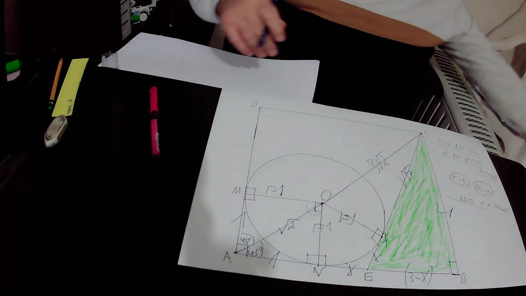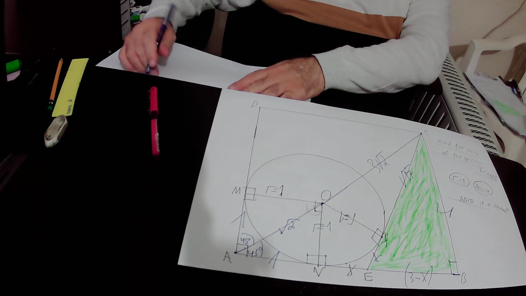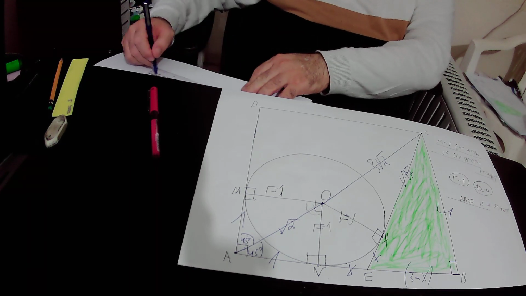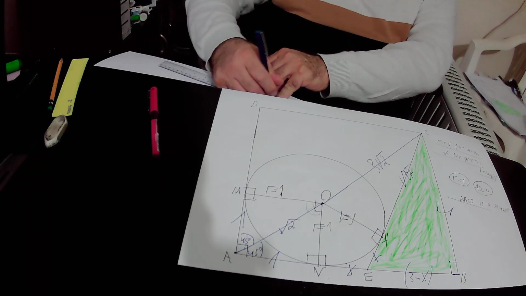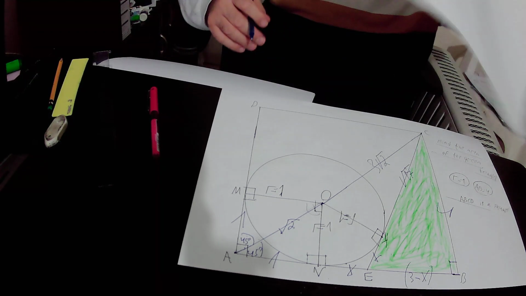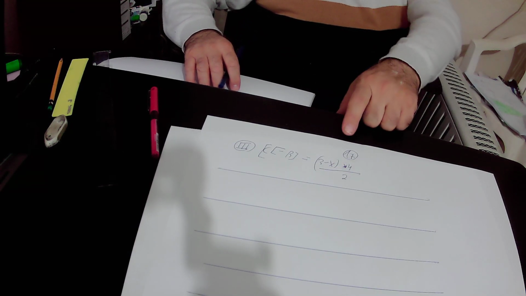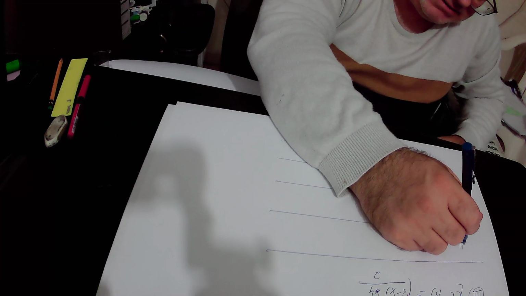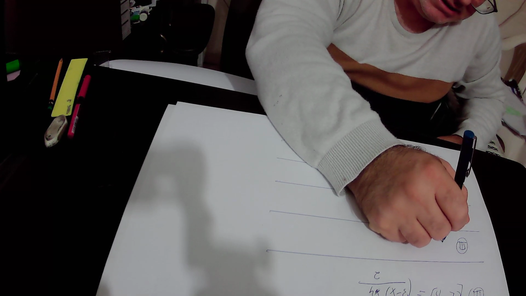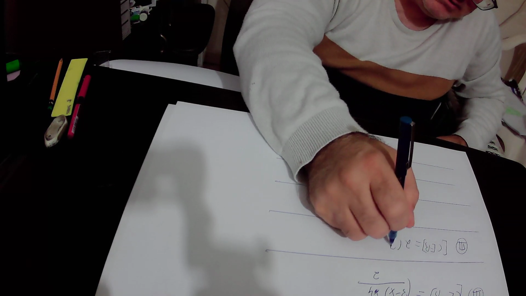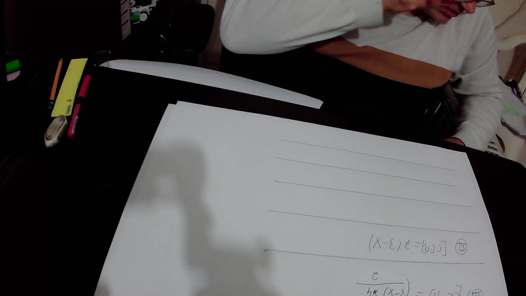So we found that the area of the green right triangle ECB equals 3 minus x times 4 over 2. 4 over 2 is 2, so I will write it down, and we will get that the area of the green right triangle ECB, or CEB, is equal to 2 times 3 minus x.